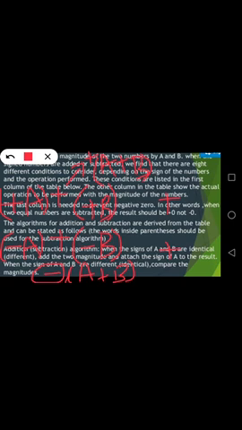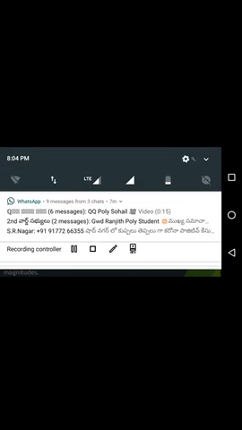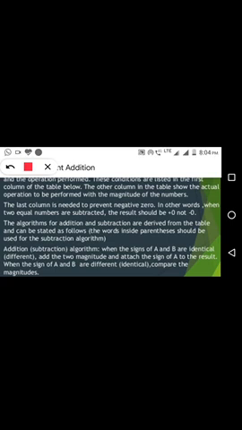So you can derive an algorithm such that if you want to perform an addition, first verify the sign bits of the two numbers. If both sign bits are the same, perform addition. Both sign bits being the same means both can be positive or both can be negative.